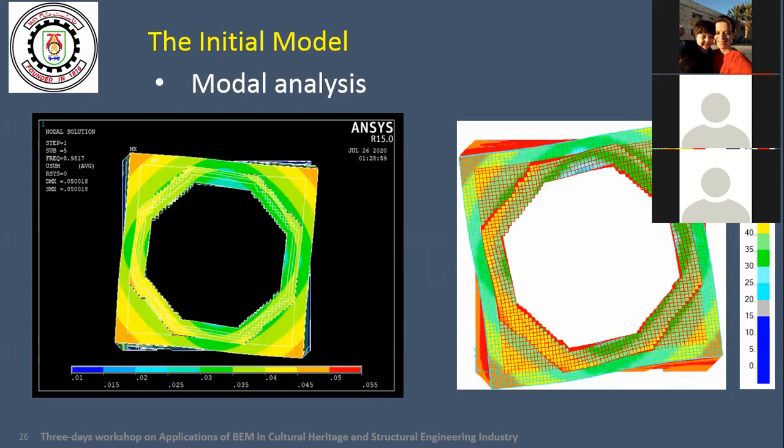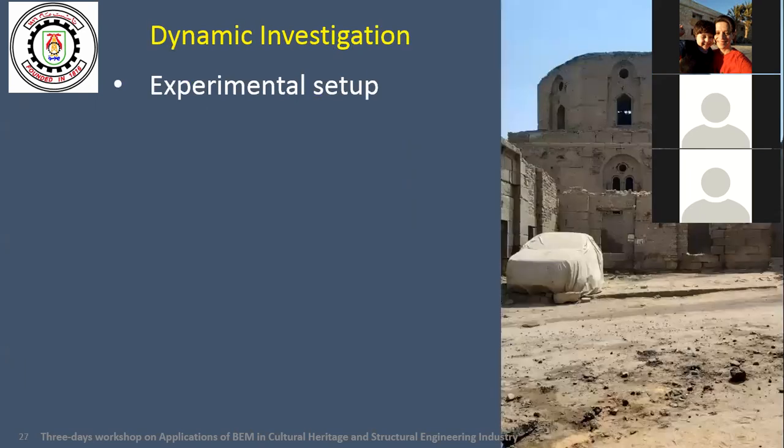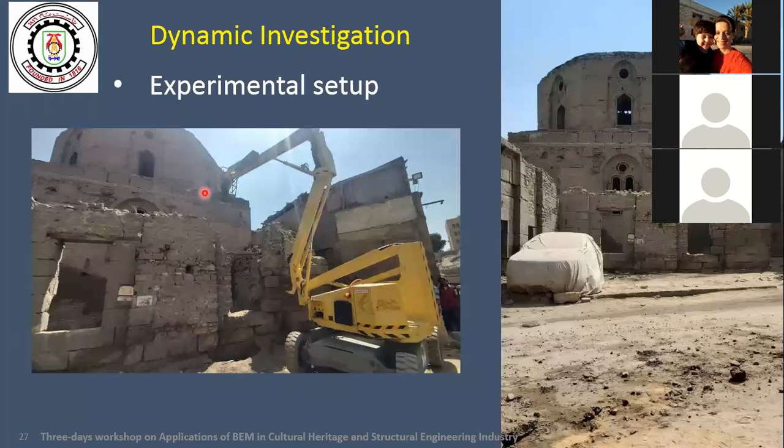Okay. In addition to the theoretical, we attached accelerometers, or attempted to attach accelerometers to the structure. These accelerometers are attached by placing them at one of the corners of the mausoleum. Unfortunately, the accessibility to the roof was very difficult, and we were only able to access one of the corners of the mausoleum.